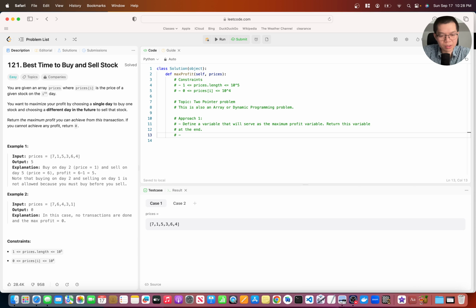Then what we're going to do is define left and right pointers that are 0 and 1, and loop through the prices list while right is less than the length of the prices.